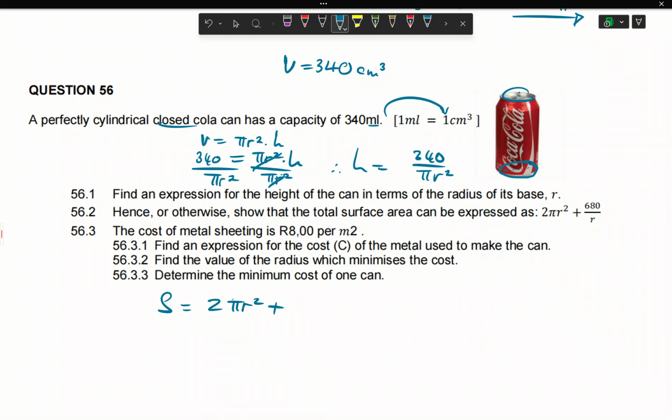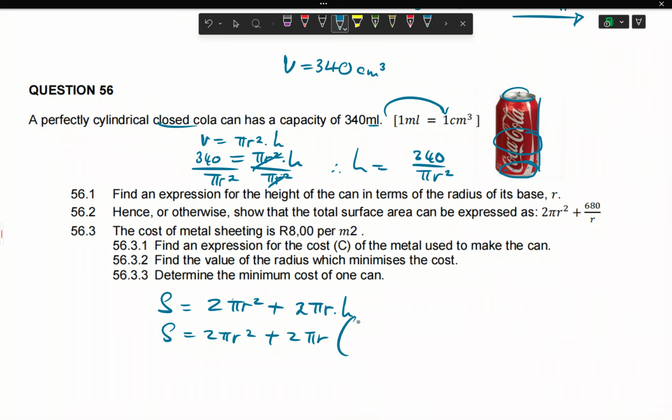So plus the layer. The layer is the circumference, and you can see it's in the shape of a circle. The circumference of a circle is 2 pi r. And don't forget about the h when you take it from the bottom to the top. So multiply by h there. So now the surface area is going to be 2 pi r squared plus 2 pi r times h.